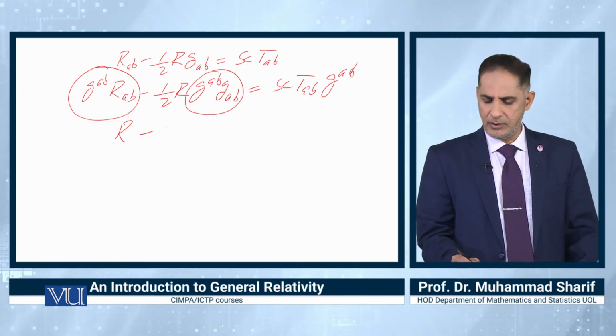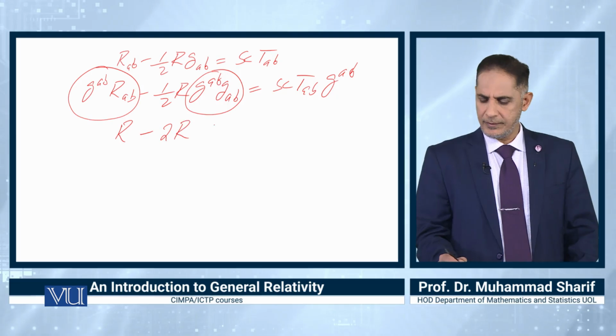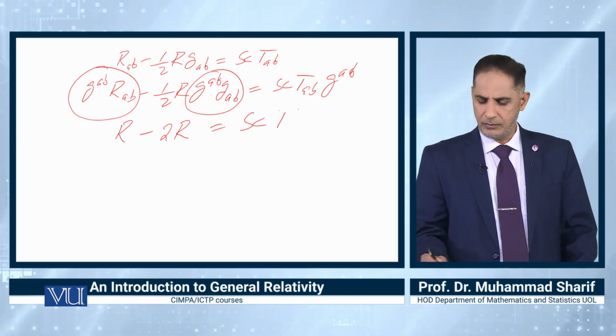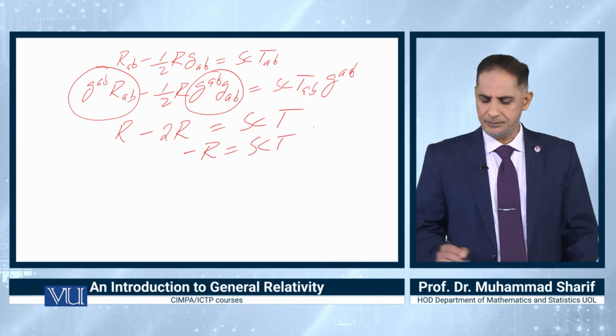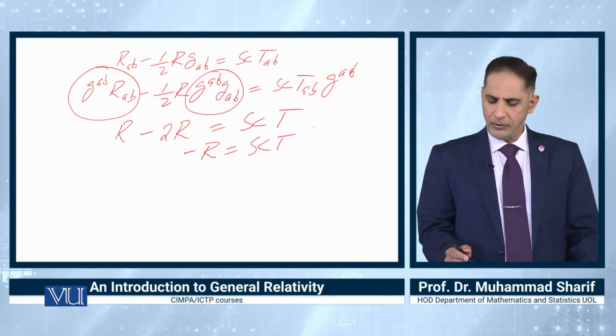So, that means we have left here R and kappa T. So, this means minus R is equal to kappa T. Inserting this value here.